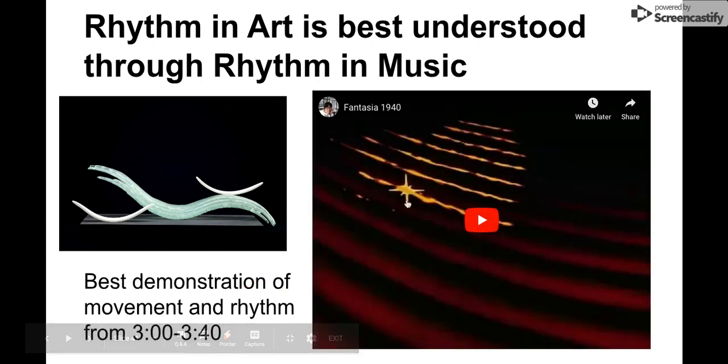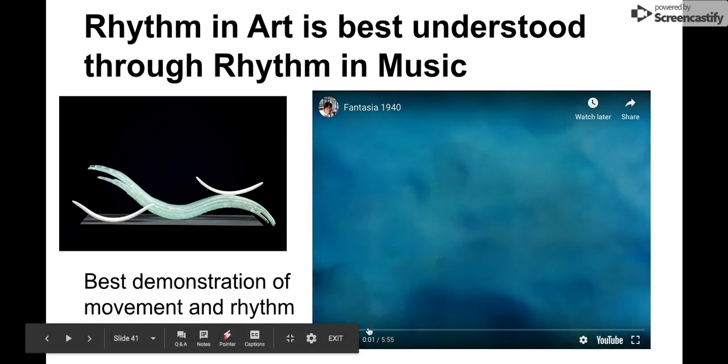And, of course, one of the best ways to get the idea of representing musical rhythms with patterns is through videos. So we can see right in here, we've got a pattern that repeats, and then we've got these wavy lines coming across, and you can hear that in the music at the same time as you're seeing it visually throughout here.